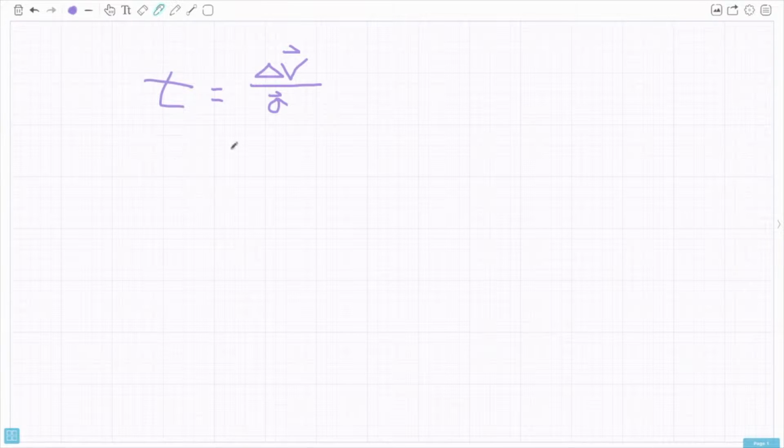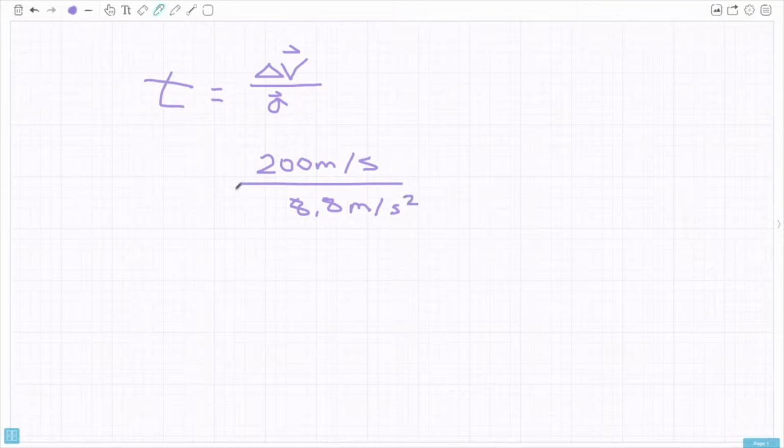We know that the change in velocity is 200 meters per second. And we know that the car is accelerating at 8.8 meters per second squared. By using the formula, we can determine that it will take 1,760 seconds to reach a velocity of 200 meters per second.